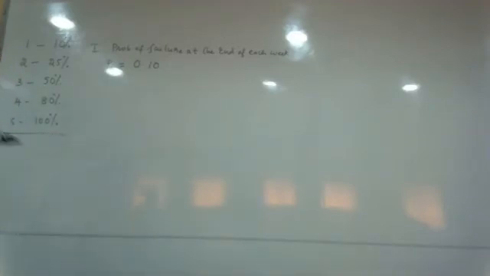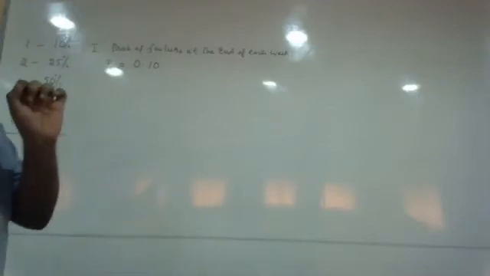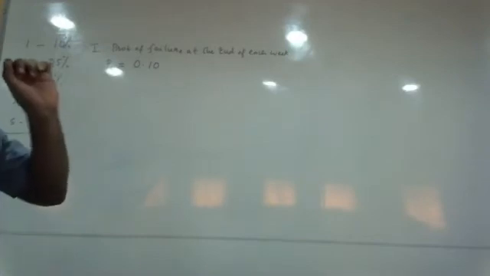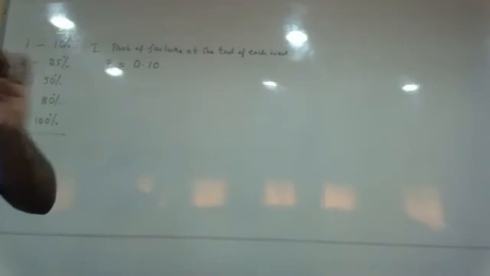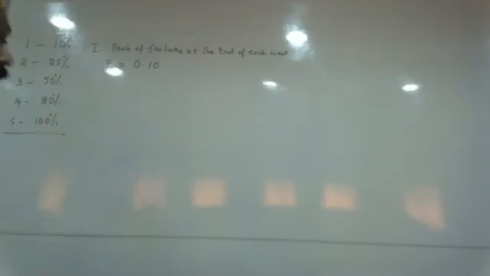Now I am supposed to calculate exactly what percentage of failure is happening in each week. Here they have given us the cumulative value, and I am not interested in the cumulative value. I am interested in knowing exactly what percentage of bulbs fail in every week. We have to calculate that.